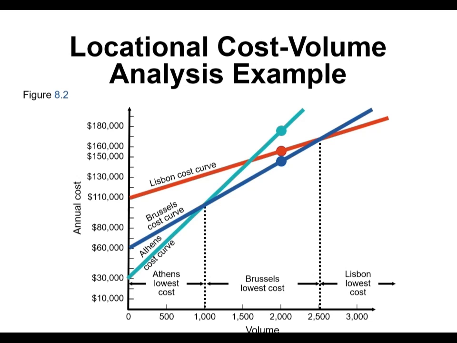And then if, let's say, you want to produce more than 2,500, because the Brussels and Lisbon lines cross over here, Lisbon is the lowest line in the chart. So Lisbon is offering the lowest cost if your production is 2,500 and above.